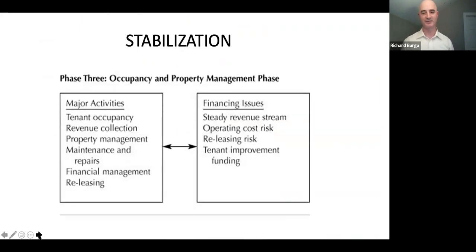And again, here are just a few different types of activities that are happening during stabilization: occupancy, rent collection, property management, repairs and maintenance, financial management, and releasing. All of those different aspects of a property once it has reached stabilization.